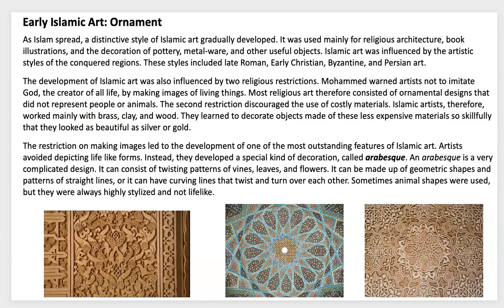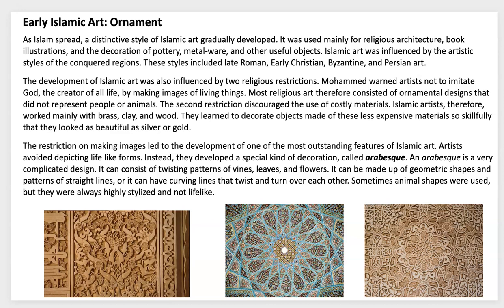So getting into the ornamental art, one of the main religious features that you see is this form called arabesque, and you can see how it's these very complicated, detailed designs. And it's influenced because Muhammad really didn't want the artist to imitate God or the creator of life. He wanted the images in art to consist of designs, not people or animals.